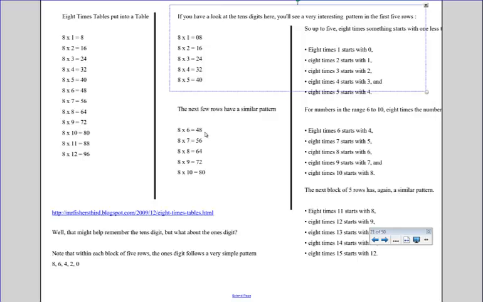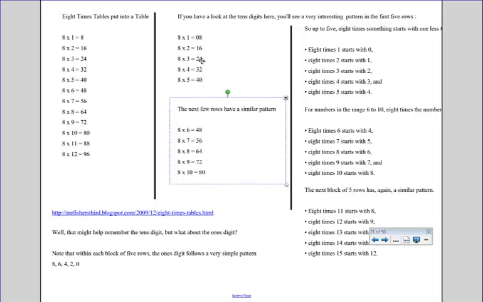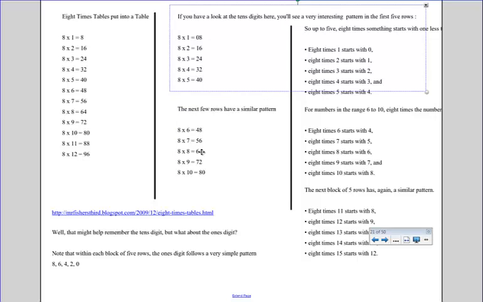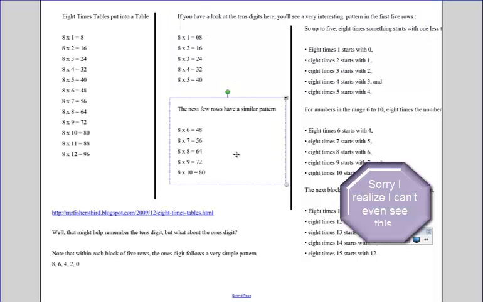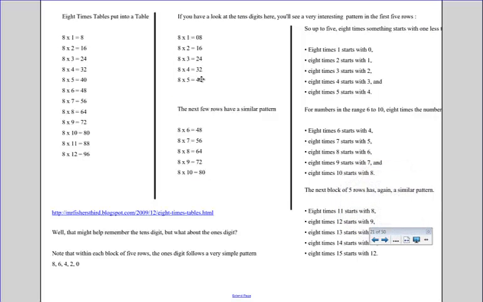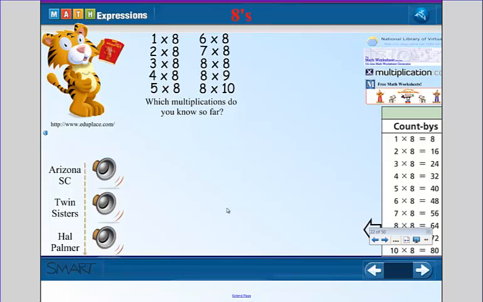You have in the ones place another 8. Then another 6. Then another 4. Then another 2 and 0. Do you see how you can actually take the 8 times table, lay them out, and you can see the pattern right there. Quick practice with the 8s.